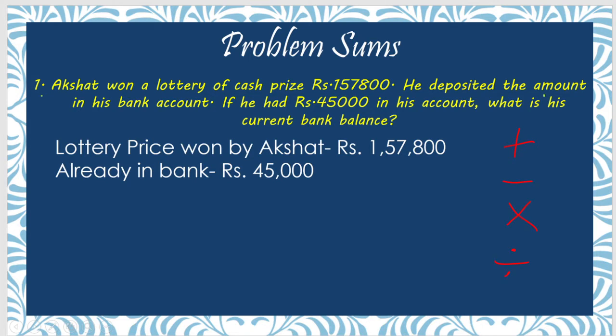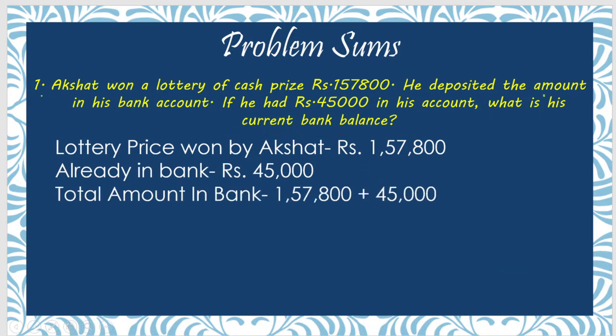To find out whether we have to do plus or minus, the last sentence of the problem sum will ask what is his current bank balance. It means there was already 45,000 and now you have added this, so you have to add.